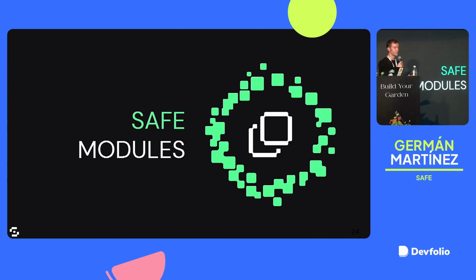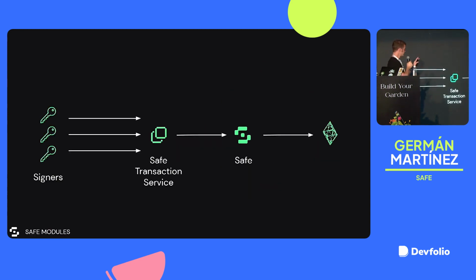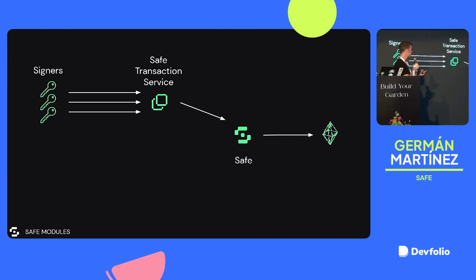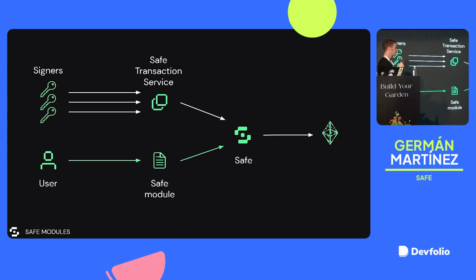Now let's see what Safe modules are. This is the main flow, and Safe modules are very flexible and allow us to expand the functionality of the Safe, because they offer another flow for these transactions that is more flexible and doesn't depend on the signers.